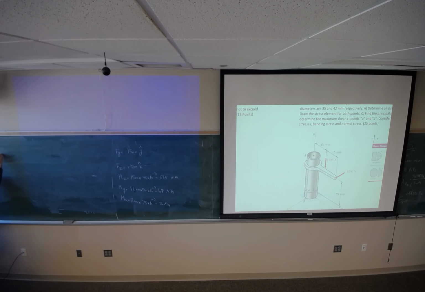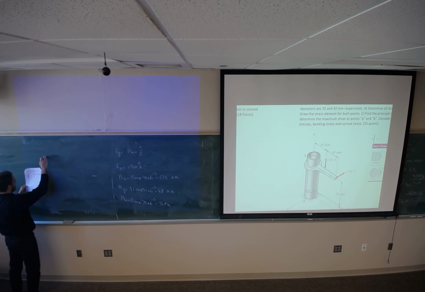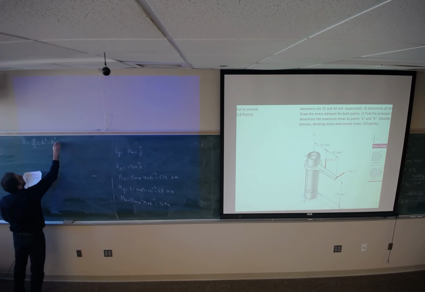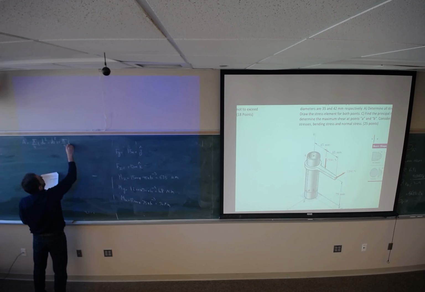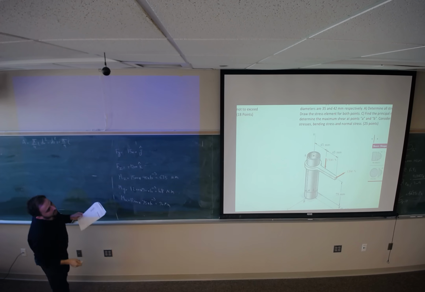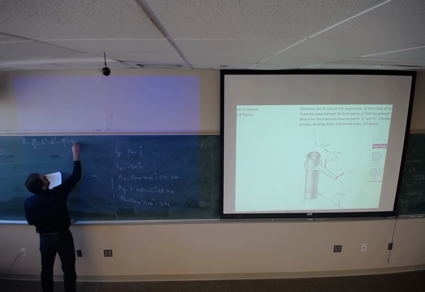So it's gonna be, let me find the area first here. I'm gonna use this. Area would be pi over 4 dO squared minus di squared. Outer diameter is 42 millimeter, 10 power negative 3.